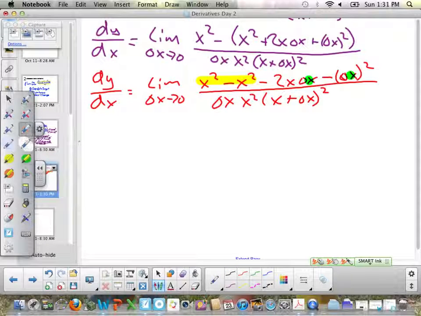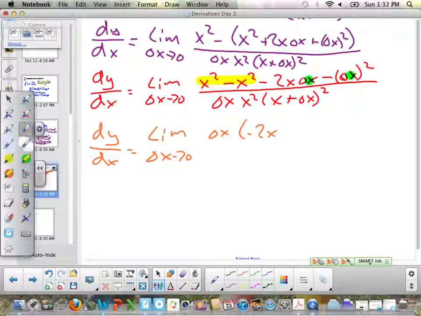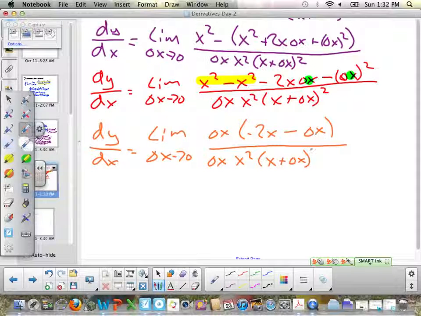So let's cancel and factor. Okay, so we'll have delta x factored out. We got negative 2x minus delta x, because we factored one of those out. And on the bottom we got delta x, x squared, and then x plus delta x squared.